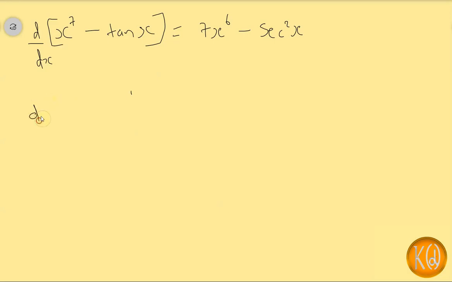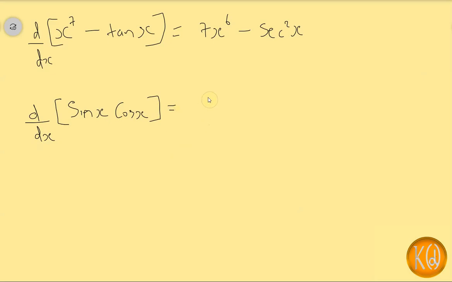Let's say we're asked to differentiate sin x times the cosine of x. Great. Now as you can see, this is a product, and we have already learned the product rule, so we can apply it here.